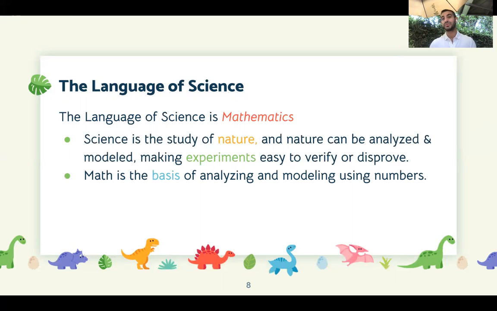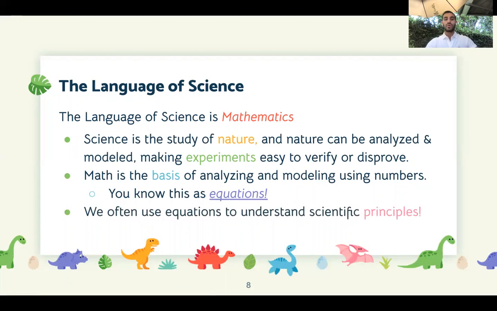When we do math, when we use numbers, when we do equations, that's basically analysis and modeling without knowing what it is. So anytime you put a number into something, or anytime you use an equation, that's modeling, and that's analysis using numbers, okay? So you know this as equations. We often use equations to understand scientific principles, okay?